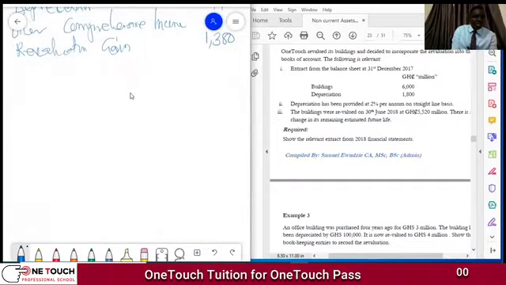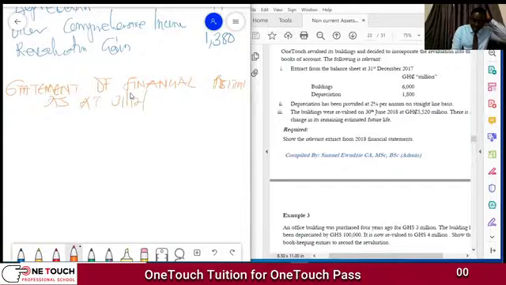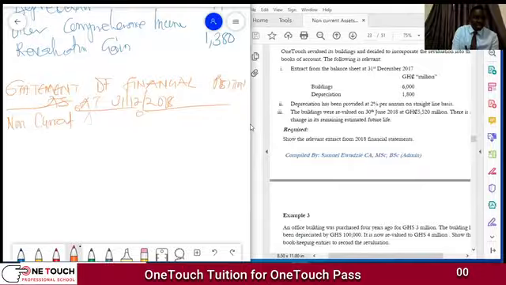Then we look at our statement of financial position as at 31st of December 2018. Okay, good. So here we have our non-current assets.